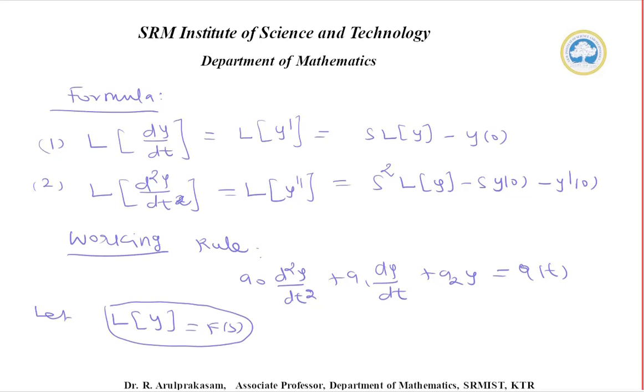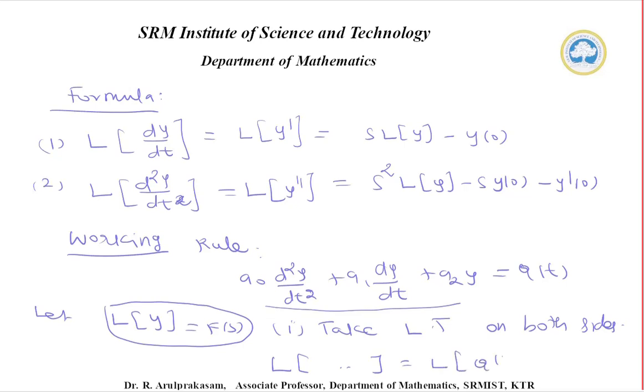So the first step is to take the Laplace transform on both sides. By the linearity property, I take L of the equation equal to L of q of t.